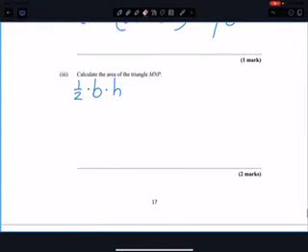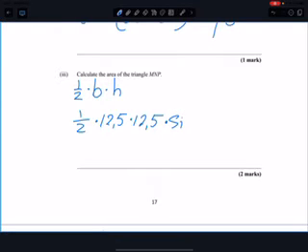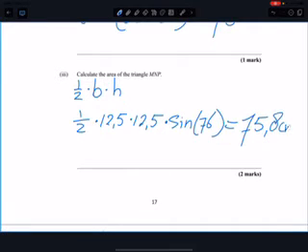So if you do a half multiplied by 12.5 multiplied by 12.5 multiplied by the sine of 76, multiplied by 0.5, your answer would have been 75.8 square centimeters.